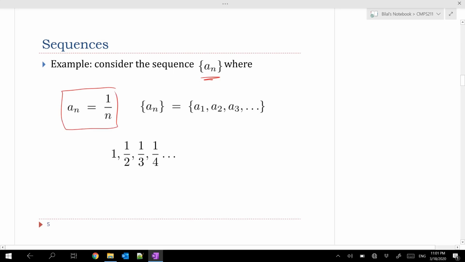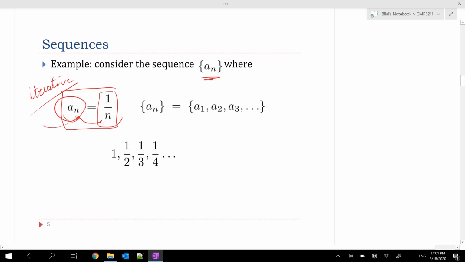We will see that this is a formula that defines every term in the sequence, and it's an iterative way of defining the terms of the sequence, because we are not defining every term in terms of previous terms. We are just giving a formula in terms of this iteration number n.